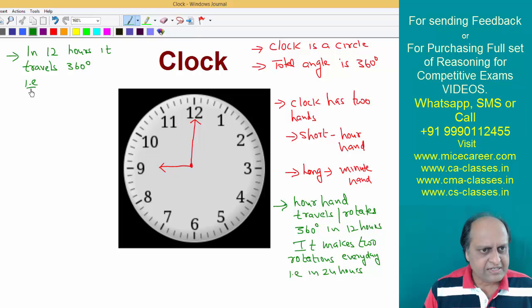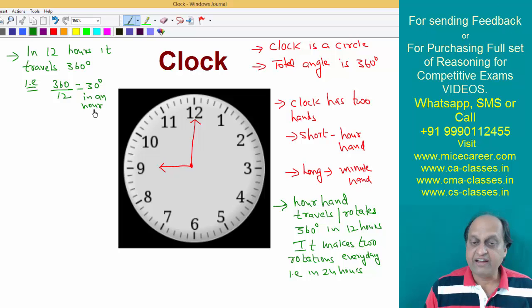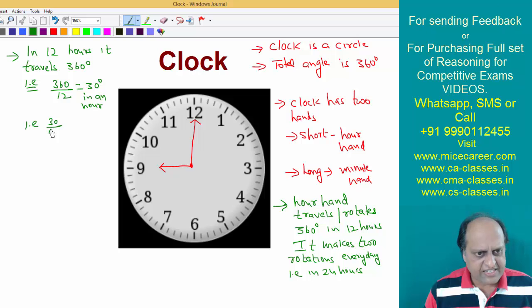That is 360 divided by 12, 30 degree in an hour. In an hour, it will travel 30 degree. That is 30 divided by 60 minutes. 1 hour has 60 minutes. That is half degree in a minute.